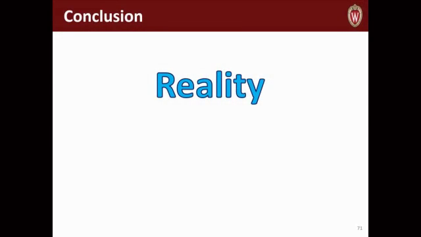And to finally conclude, the first thing I want to say is, in my PhD experience, I find that reality is important. It looks like everybody knows, but it can be more different from your research.